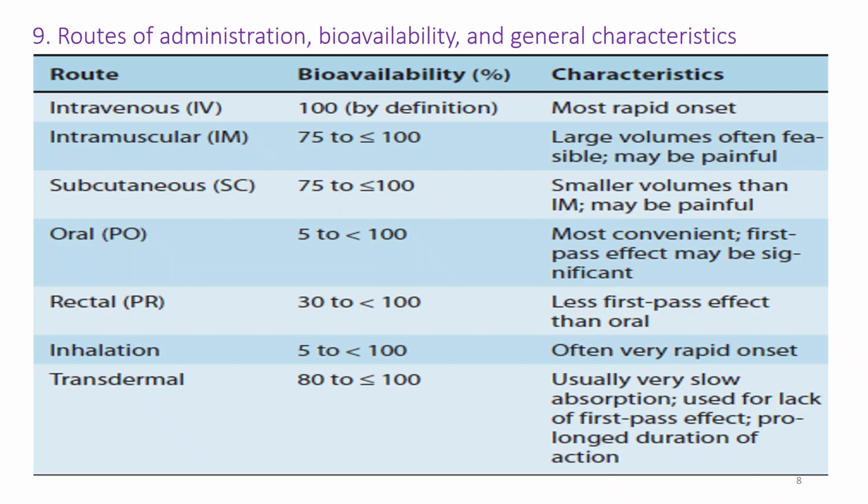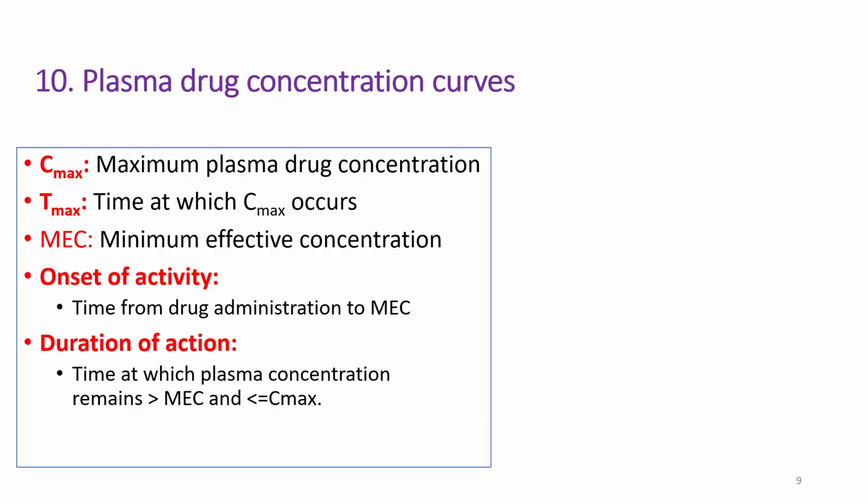Now you can compare and contrast which routes of administration have the highest bioavailability and what their characteristics are. Intravenous has 100% bioavailability and more rapid onset, whereas all other routes have less bioavailability. After intravenous, higher bioavailability is seen with intramuscular, subcutaneous, then transdermal, whereas the rectal route you can see is 30%. The remaining, inhalation and oral, have significant first pass metabolism.